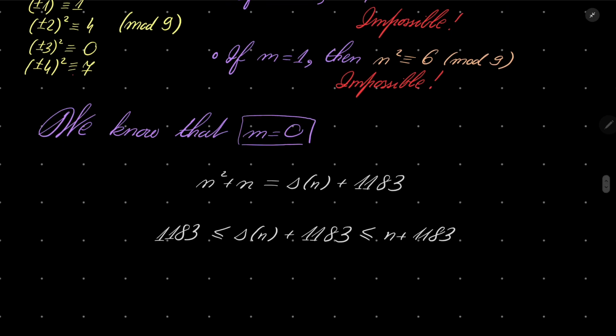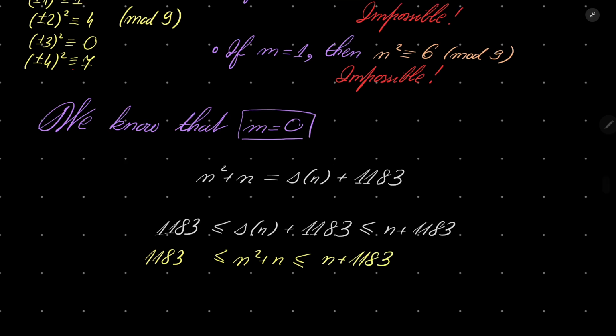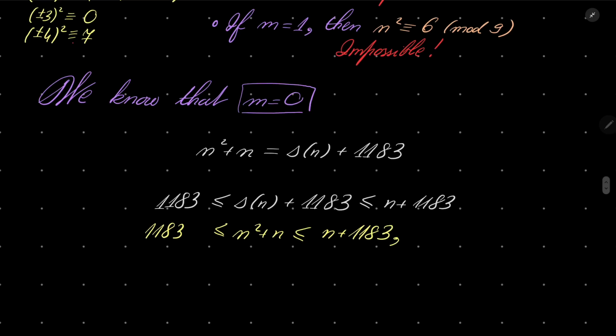Which means that n squared plus n is somewhere between 1183 and n plus 1183. Now let's simplify it.